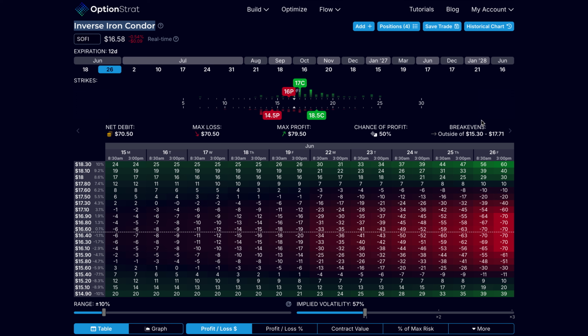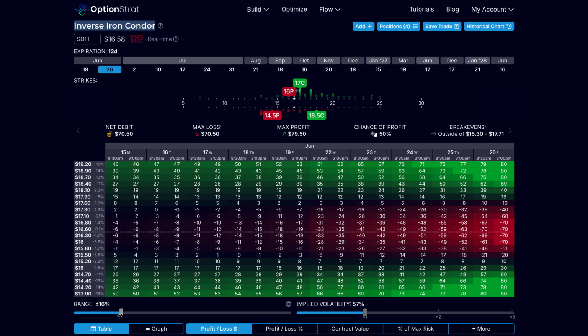This is also honoring our sentiment here, because remember, we selected it directional, meaning we think the stock will move either up or down. And remember, we entered $2. We think it's going to go up or down $2. And if you take a look here, if SoFi goes up $2 or down $2, we will definitely be in profit here. And so now from here, you can dive deeper.